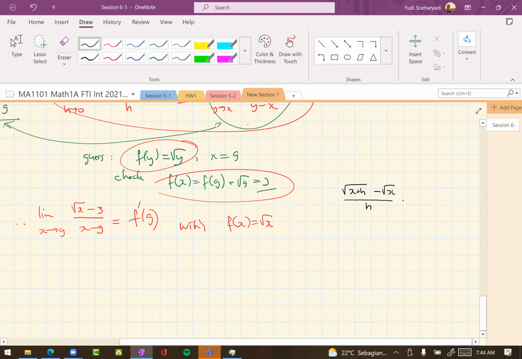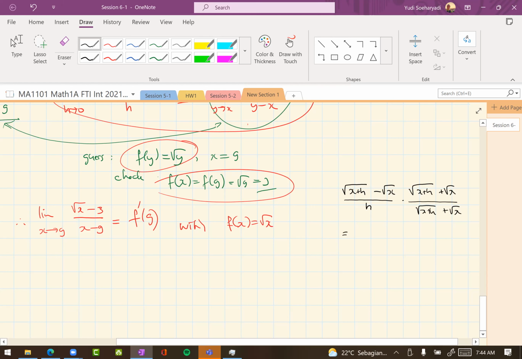And you multiply, because we would like to get rid of the square root. So we multiply by its conjugate. Its conjugate means you change the sign to plus. You basically multiply by 1, so it doesn't change anything.